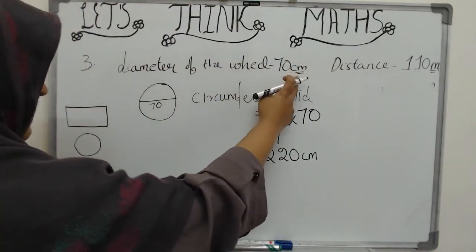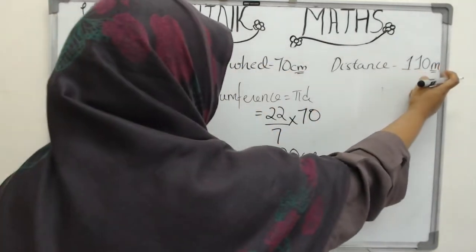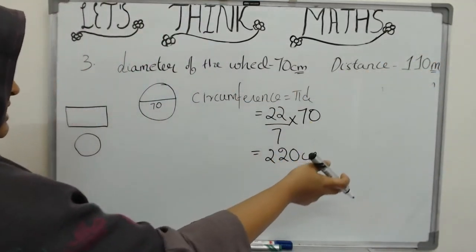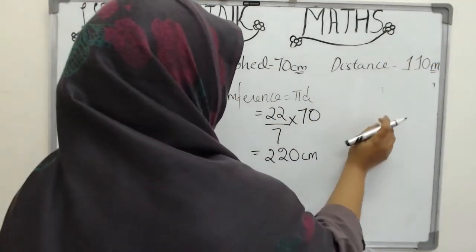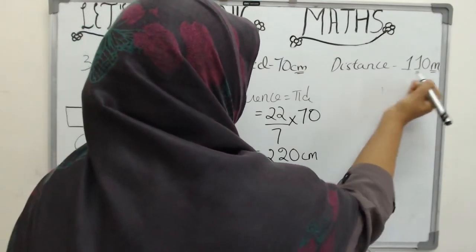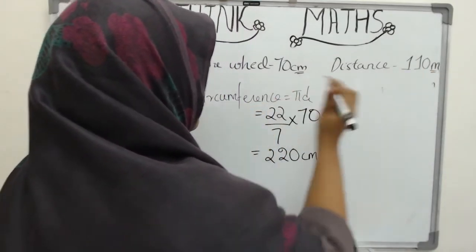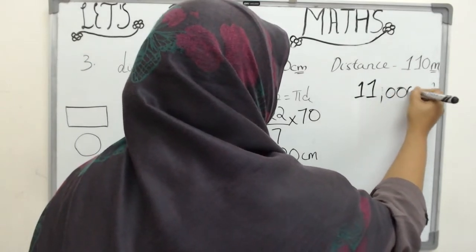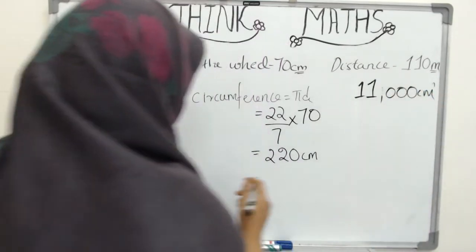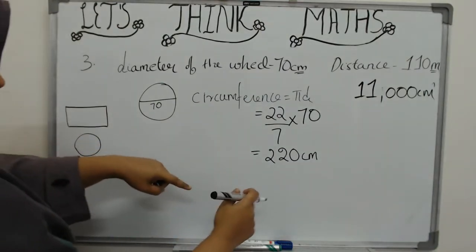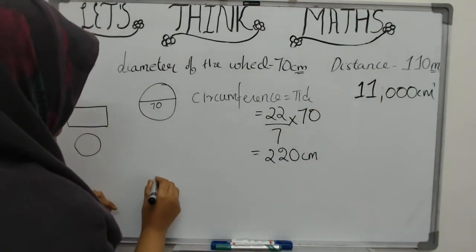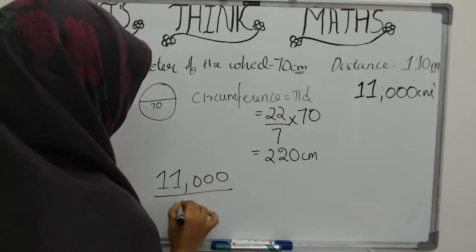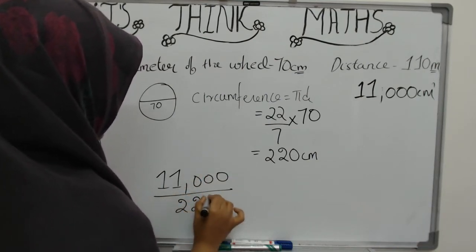Now look at this distance. Diameter is given in centimeters and this distance is given in meters. So make sure you make both of them into the same unit. It is easier to change this, right? So the distance of 110 meters will be 11,000 centimeters. So how many 220s make 11,000? 11,000 divided by 220, correct?